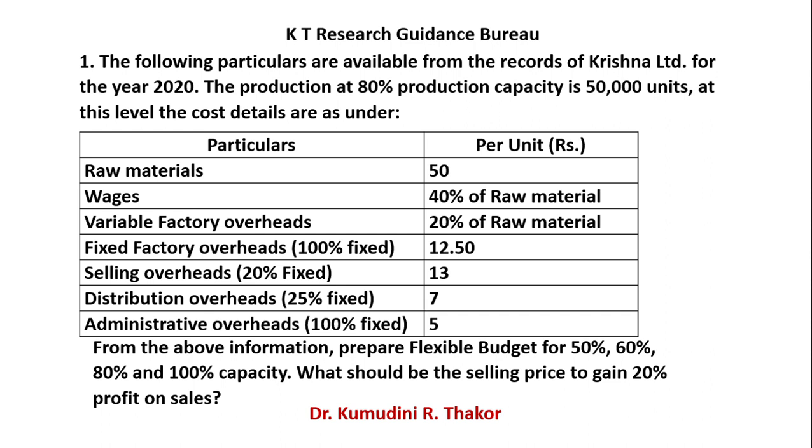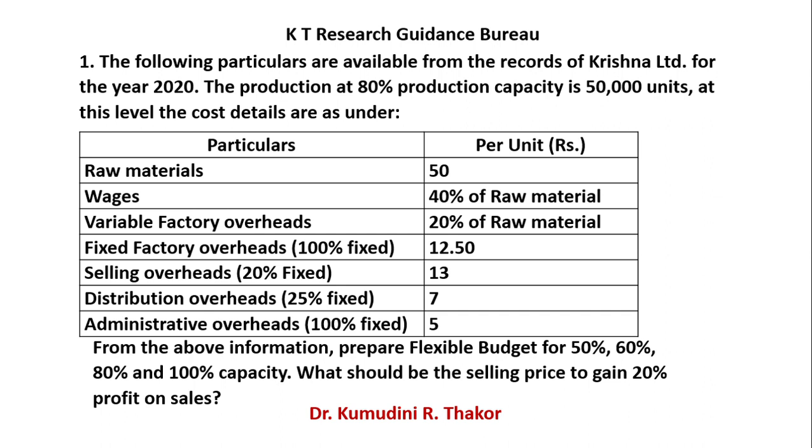Raw material rupees 50 per unit, wages 40% of raw material. You can easily find out. Same way, variable factory overheads, they are 20% of raw material. It is also easy. Fixed factory overheads, they are 100% fixed.